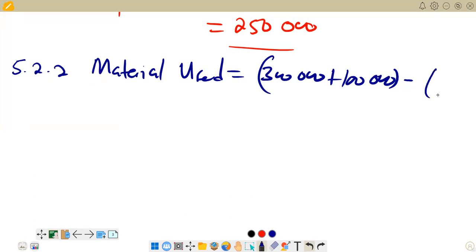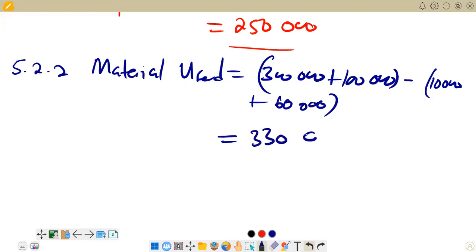So in brackets again, we add the one that was returned, 10,000, plus the other one was 60,000. So we calculate that one, we get 330,000. So this was the answer that we have in terms of 5.2.2.